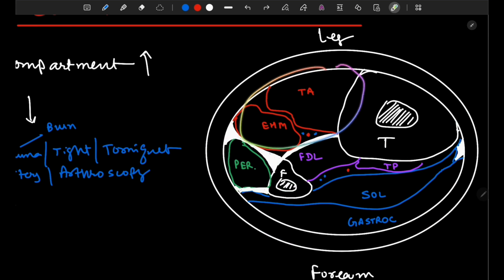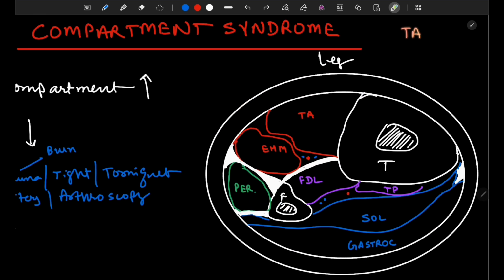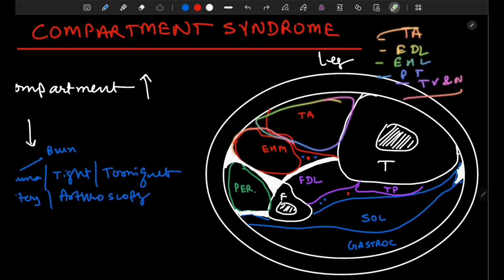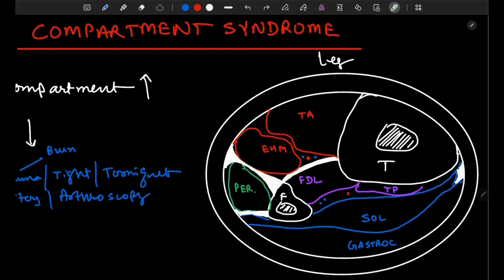The anterior compartment muscle group mainly includes the tibialis anterior, extensor digitorum longus, extensor hallucis longus, peroneus tertius, and the tibial vessels and nerves. In the lateral compartment, the main muscle groups are peroneus longus, peroneus brevis, and the superficial peroneal nerve.